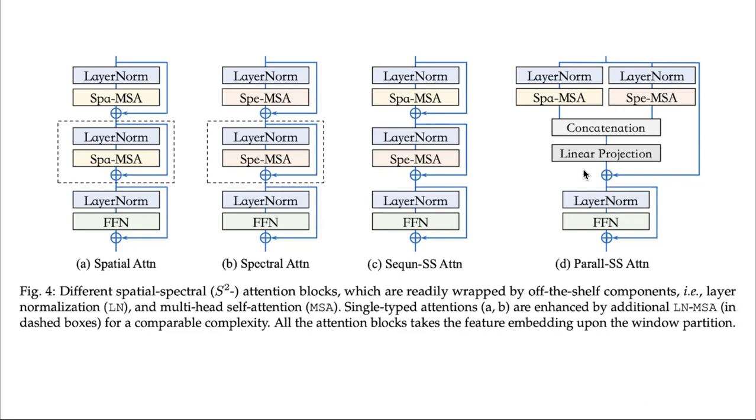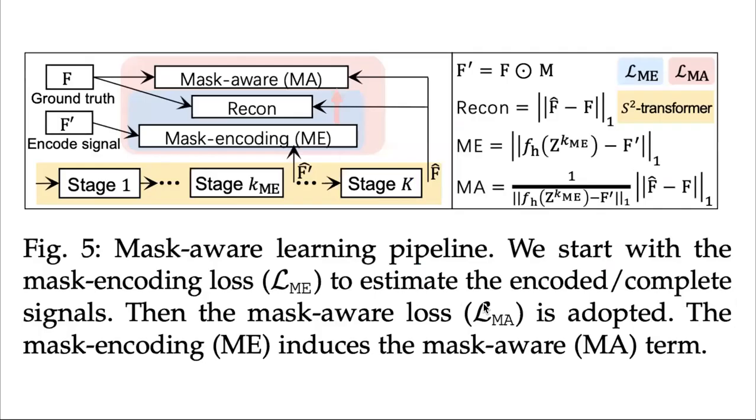And the third one, they want some way to combine spatial and spectral MSA. This one they use concatenation and a linear projection layer to combine these two. They call it parallel attention.